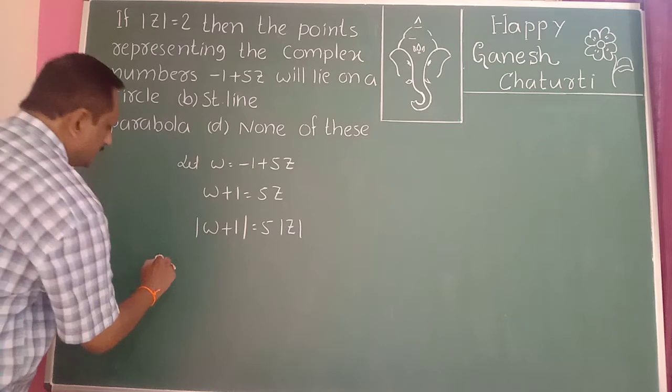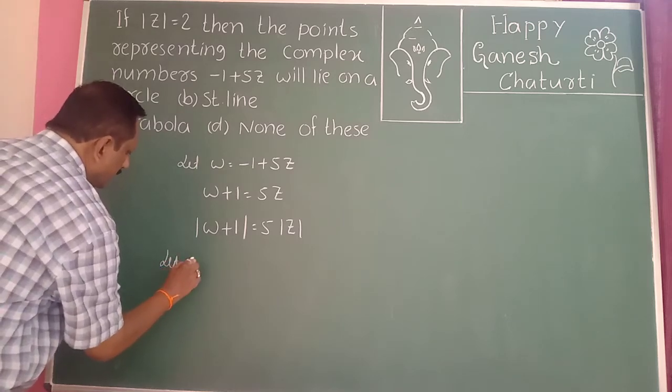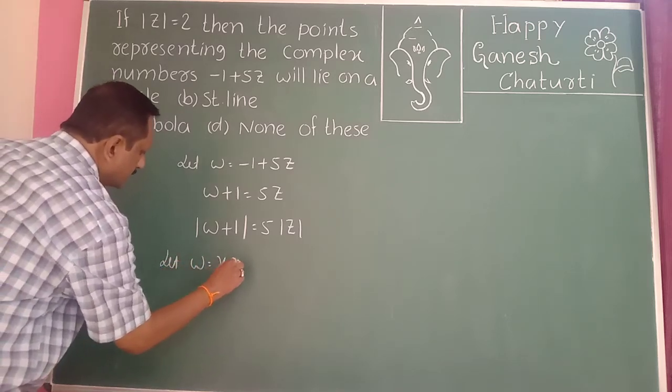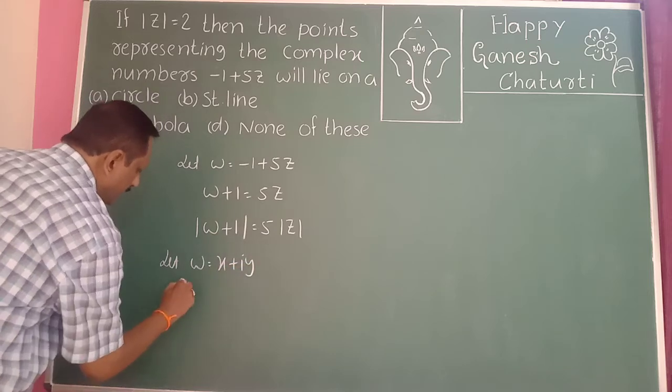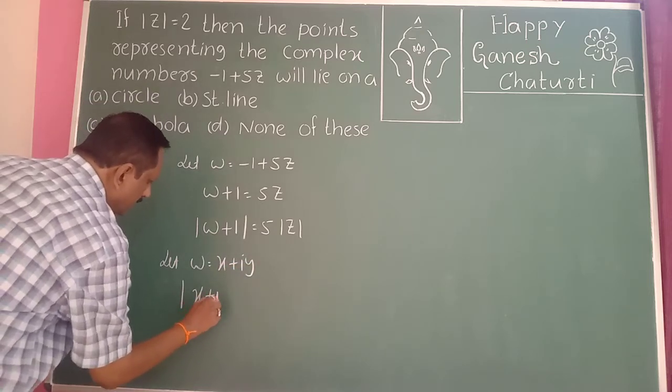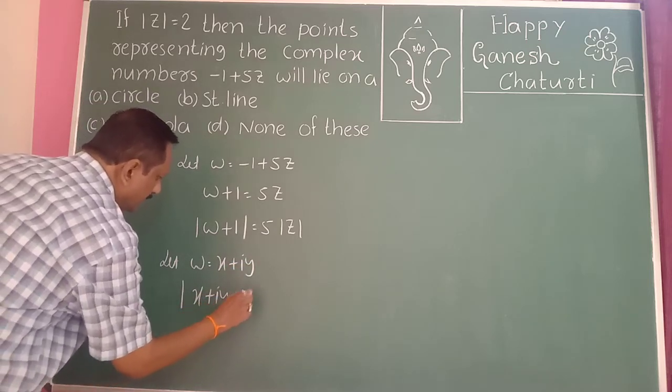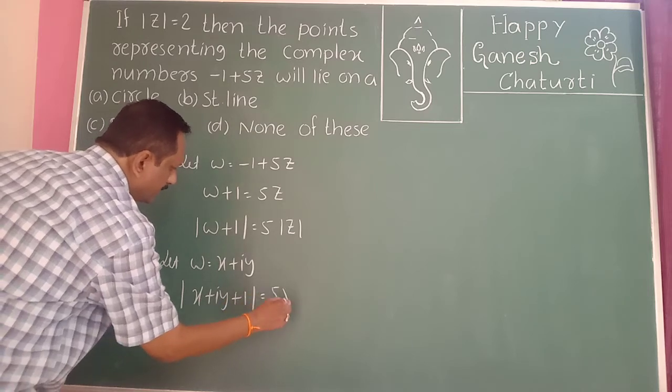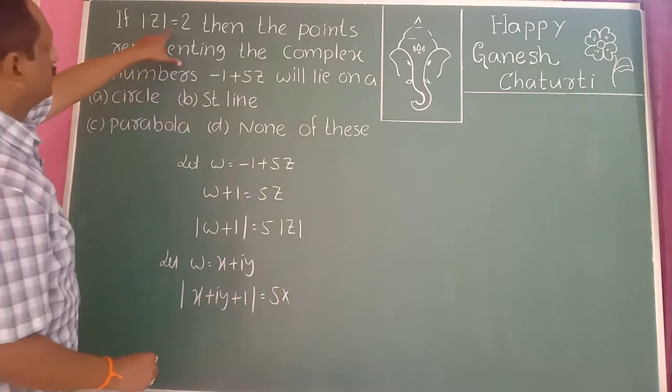Therefore, let us consider omega is x plus iy. Hence the modulus of x plus iy plus 1, which is 5 into modulus of z, is 10 as already given.